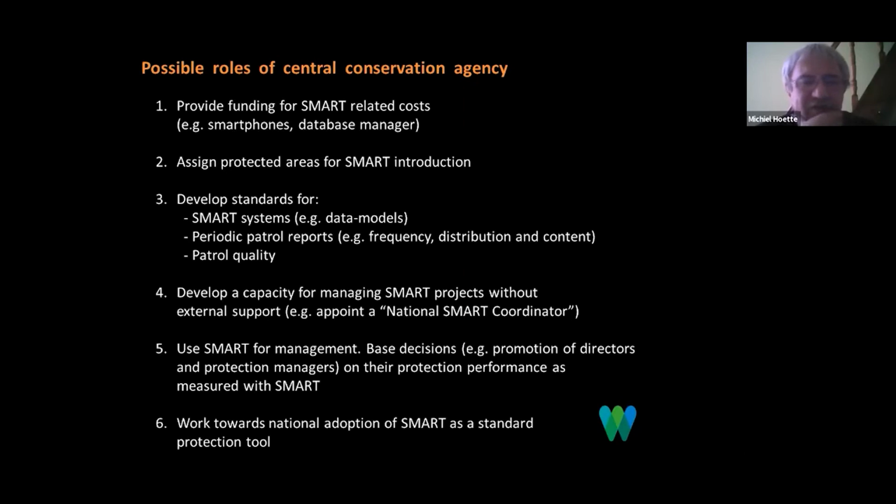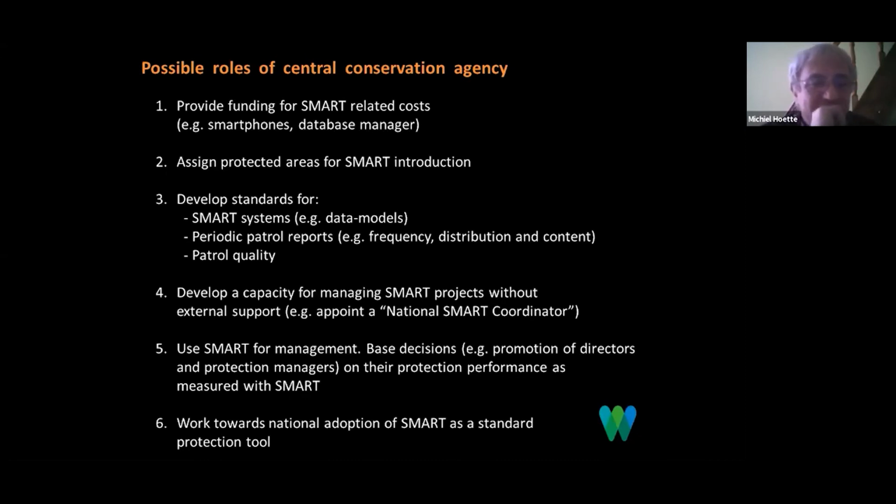Well, for instance, the frequency of those reports, who should receive them, and what should be included in them. And they could also set some minimum criteria requirements for patrol quality. What is really very important is that there is local capacity in the country for SMART.